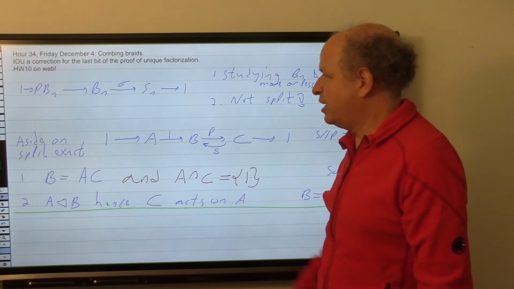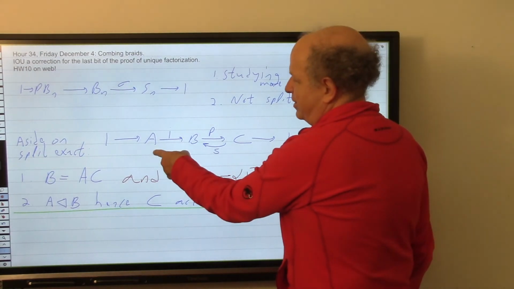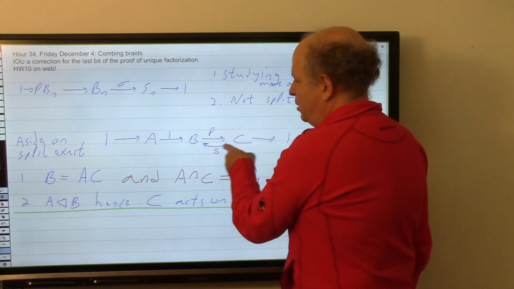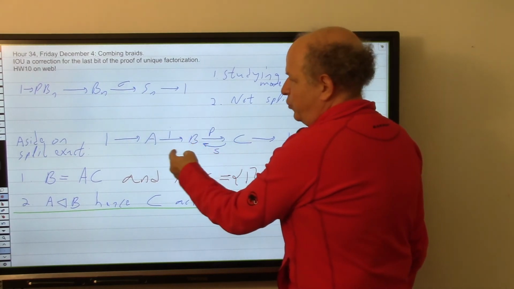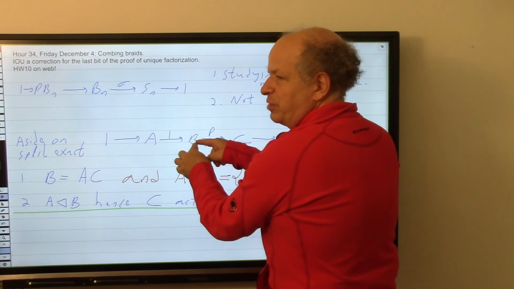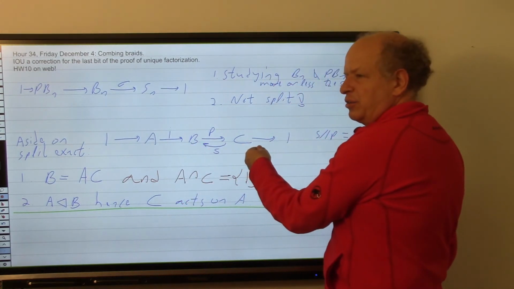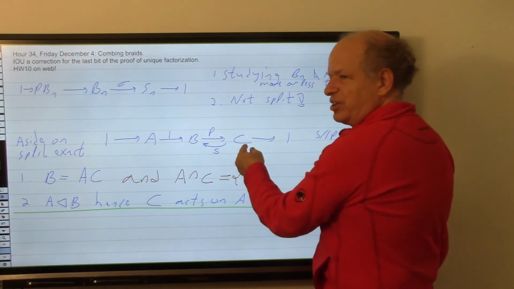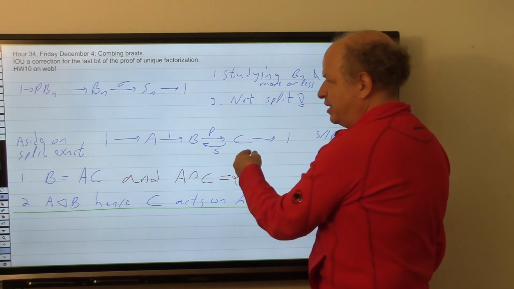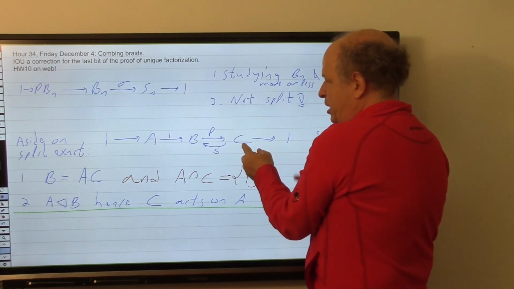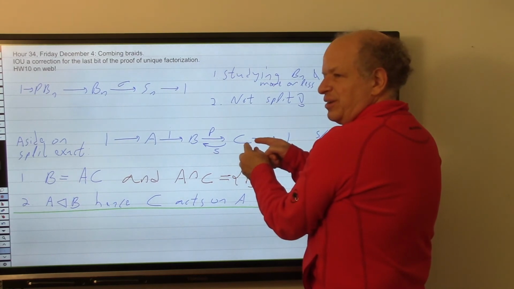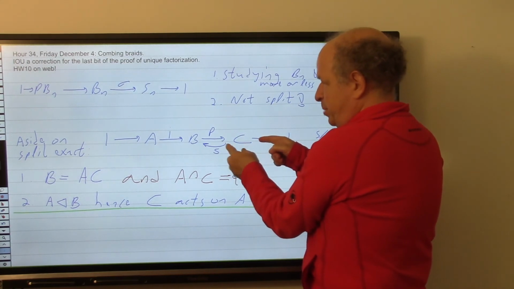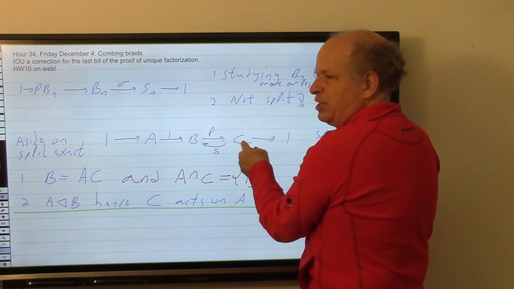A intersect C is 1 because when I say A, I really mean I of A, and when I say C, I really mean S of C. But if you have something which comes from both the right and from the left, then its image on the right would be trivial because you've gone 2 steps on an exact sequence, and on the other hand it will be what you started from on the right, because S followed by P is the identity.